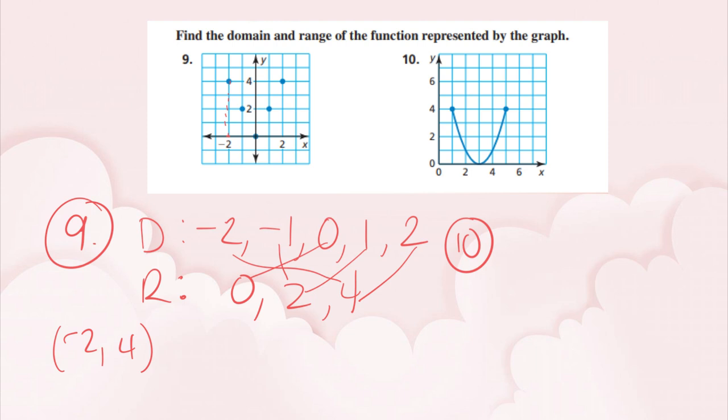Okay, what is my domain for number 10? It's going to be 1 and 5. And my range is going to be 4 and what?